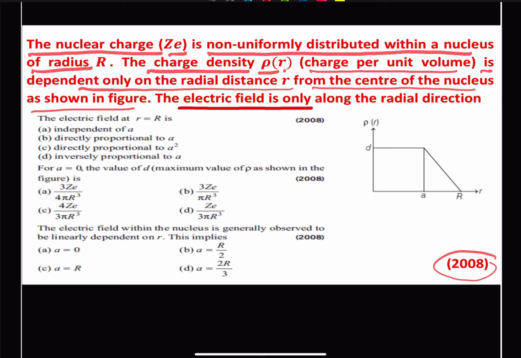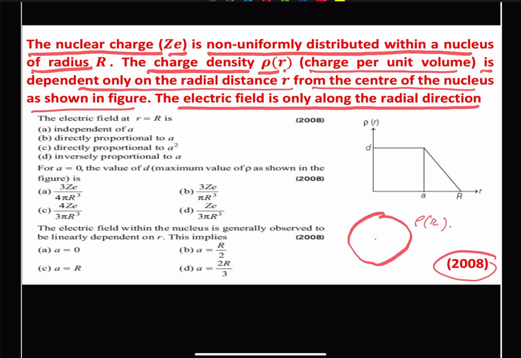The electric field is only along the radial direction. So we are given that we have a nucleus, somewhat spherical, something like this. And it has a charge density that is rho of r, and it is only dependent upon radial distance from the center.